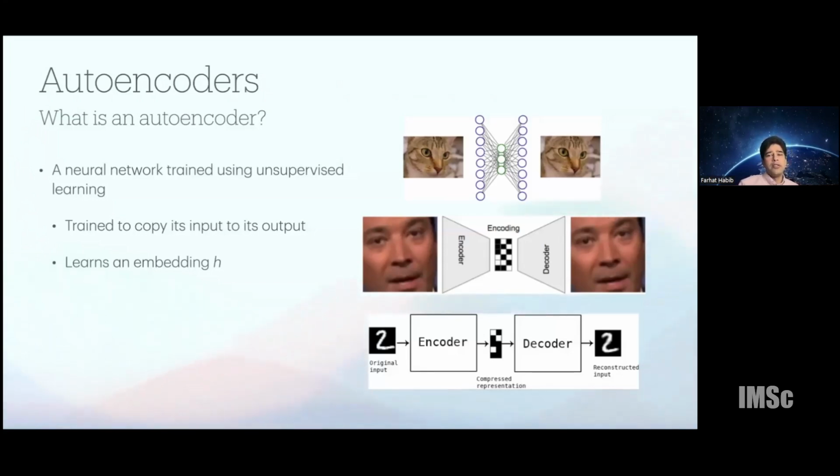What are autoencoders? As the name indicates, an autoencoder is a neural network that encodes data to itself. It is trained to copy its input to its output, but with a bottleneck in between.